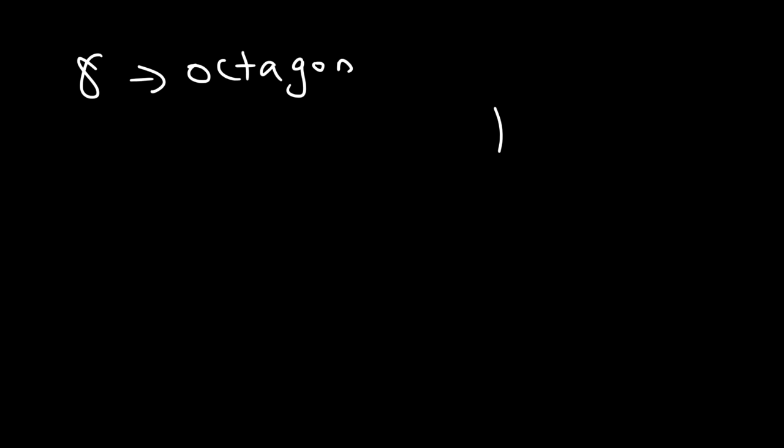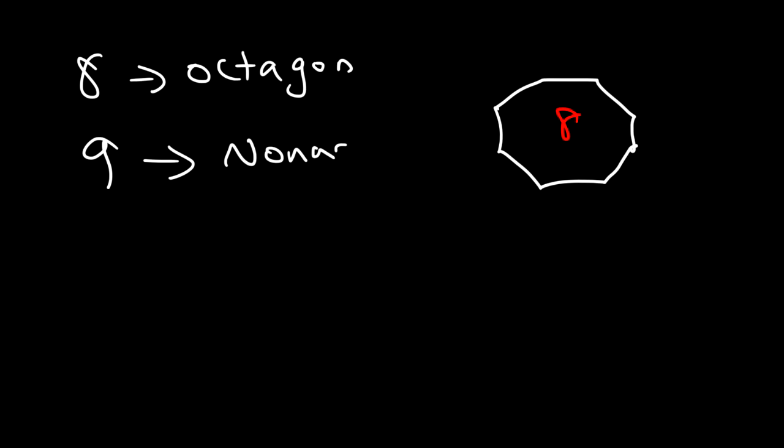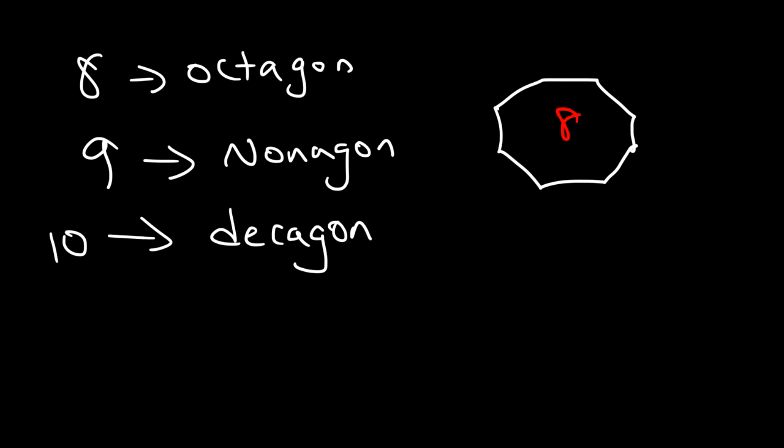And you could draw it this way. So that's an 8-sided figure. And then for 9, it's a nonagon. And 10 represents a decagon. So those are some polygons that you want to keep in mind.